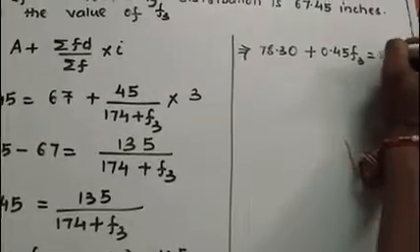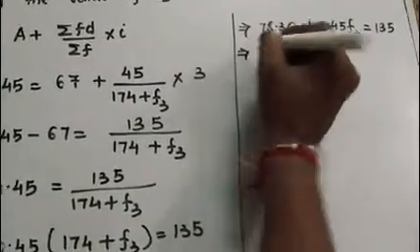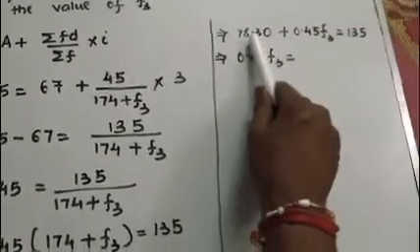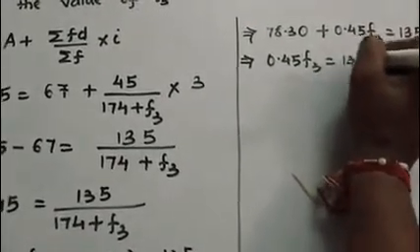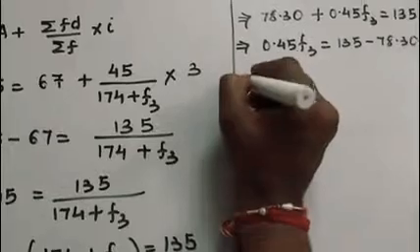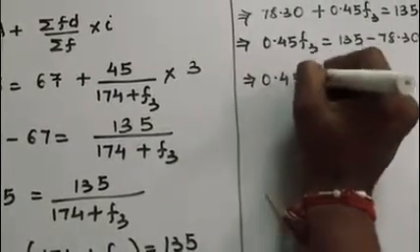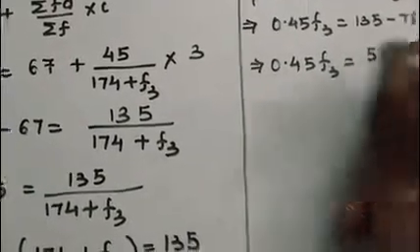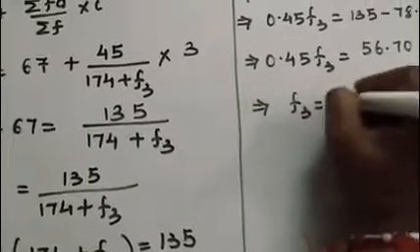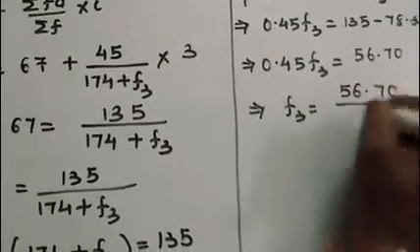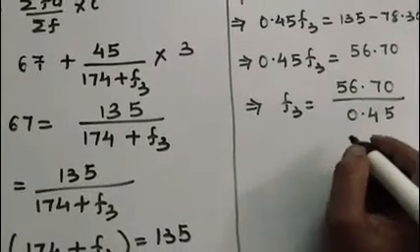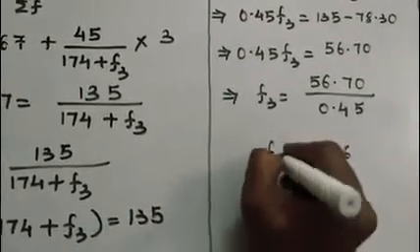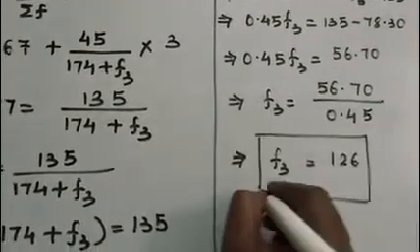Now simplifying, taking this number from this side to that side, that is 135 minus 78.30, so 0.45 f3 equals 56.70. Finally your f3 will be 56.70 divided by 0.45, and it gives 126, which is your f3. So the missing frequency here is 126. Clear?